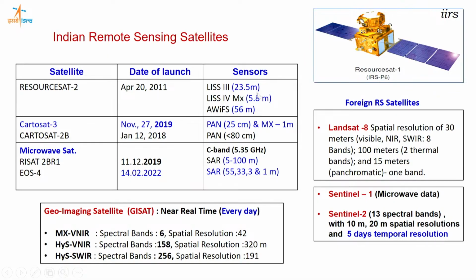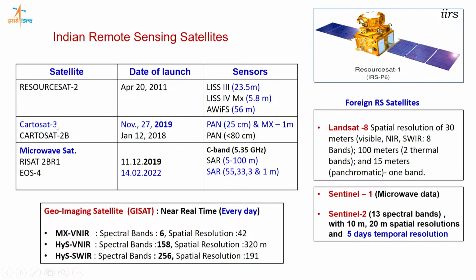It has three cameras: LISS-3, LISS-4, and AWiFS, with different spatial resolutions. The highest spatial resolution is 5.8 meter. It means the satellite can detect an object of 5 meter by 5 meter size. When it is 23, it means for 23 meter by 23 meter we get one reflectance value.